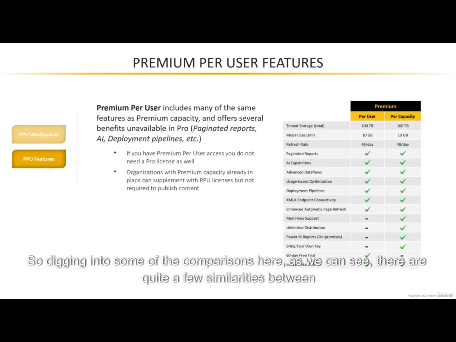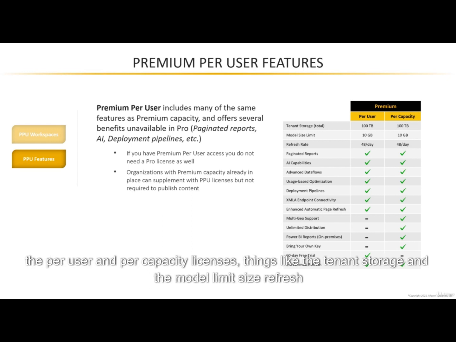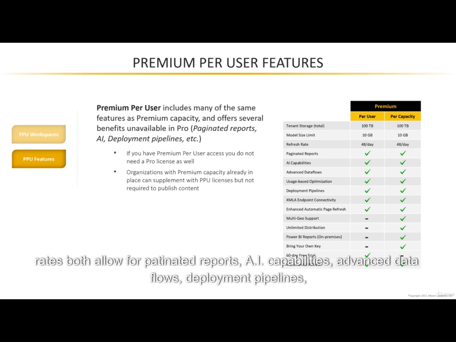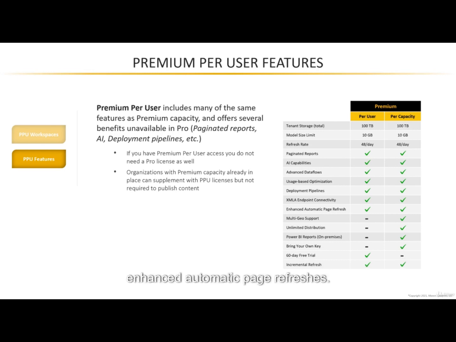So digging into some of the comparisons here, as we can see, there are quite a few similarities between the per user and per capacity licenses. Things like the tenant storage and the model limit size, refresh rates, both allow for paginated reports, AI capabilities, advanced dataflows, deployment pipelines, enhanced automatic page refreshes.